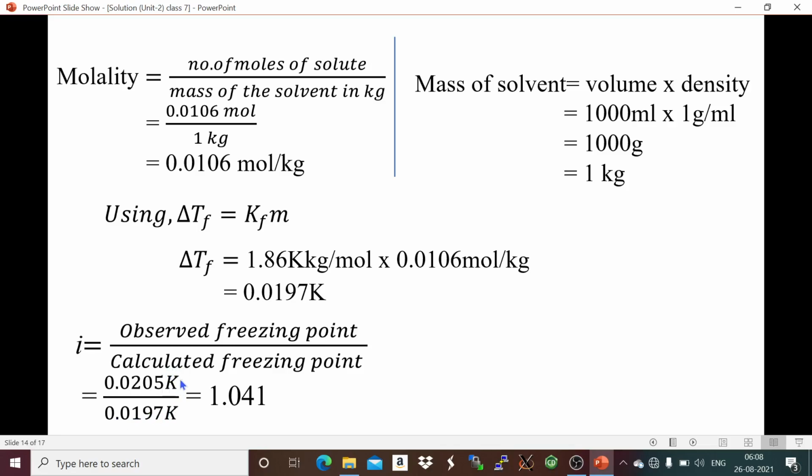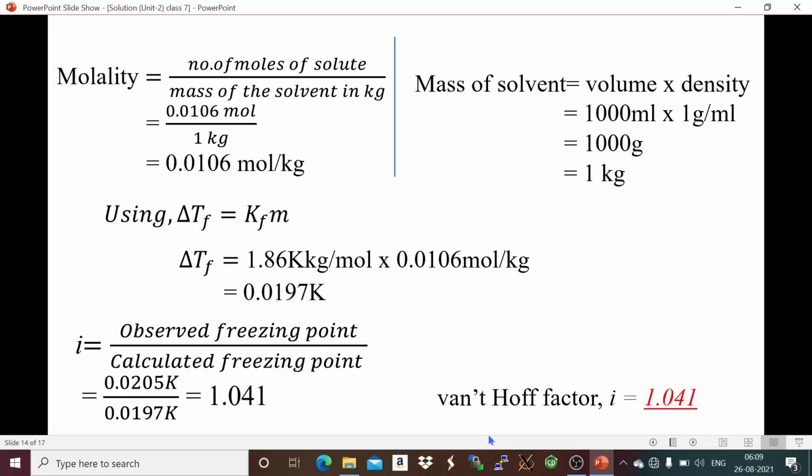The question gave the value in centigrade, but I have taken Kelvin here, because delta Tf is the difference between two temperatures. If we convert both temperatures from centigrade to Kelvin, the difference will be the same. So this is equal to 1.041, which is the value of i.